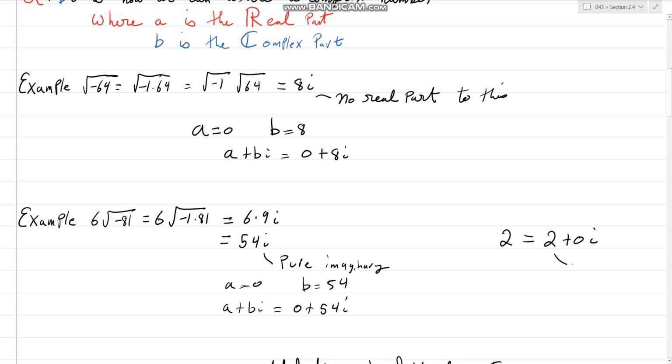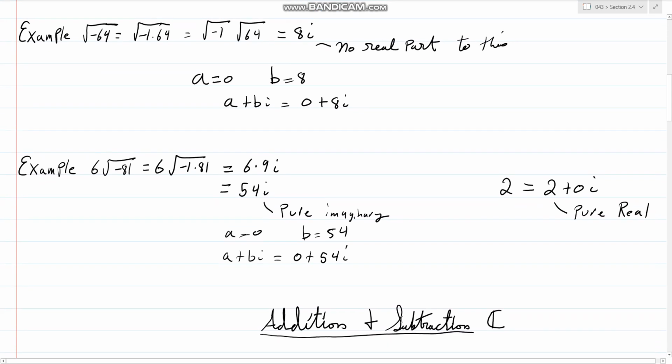This is pure real. All right. So far, that probably seems a little confusing, but this is how we're going to be able to break this up. And so everything we've learned before will still apply, but we can start moving forward and start talking about numbers that are outside of the real numbers.